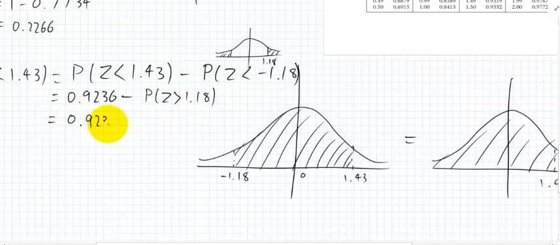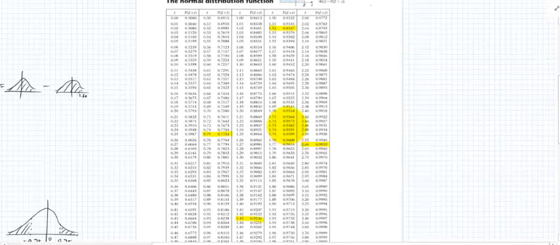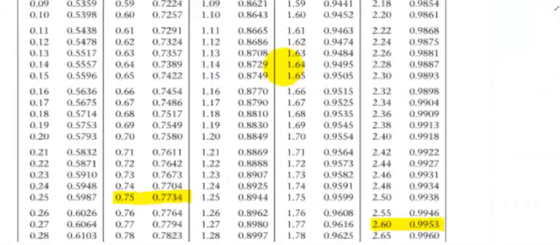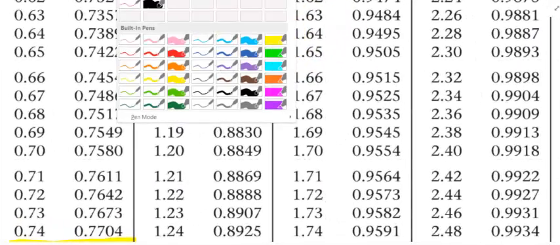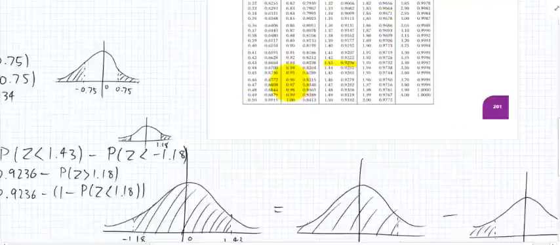You should know what to do by now. We're going to use the 1 minus method. So 1 minus the probability of z being less than 1.18. This we can look up on our table. 1.18 is right here. So we want 0.8810.